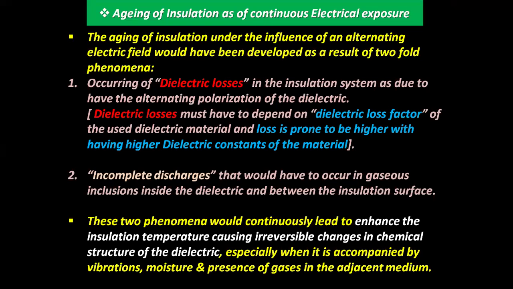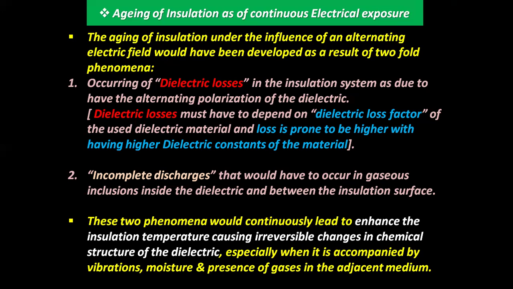One, the occurrence of dielectric losses in the insulation system due to the alternating polarization of the dielectric. Dielectric losses depend on the dielectric loss factor of the used dielectric material, and loss is prone to be higher with higher dielectric constants of the material.